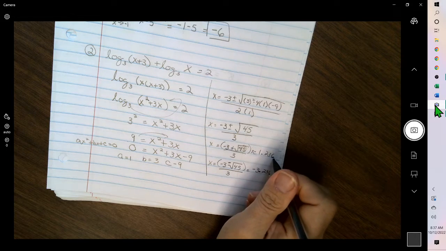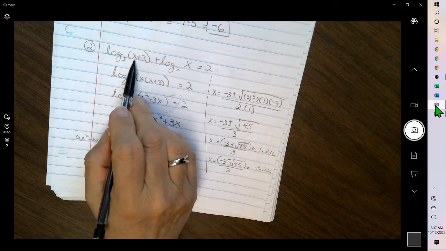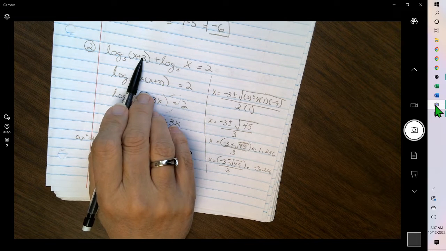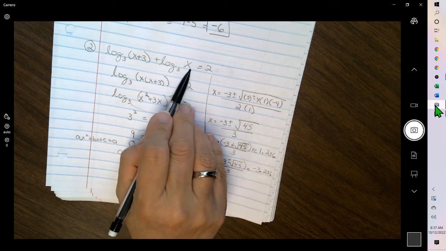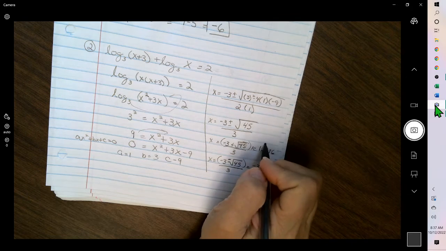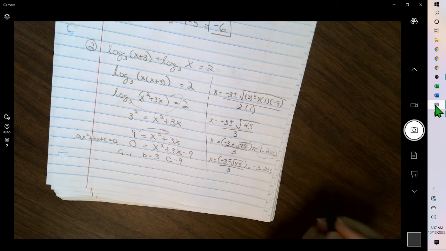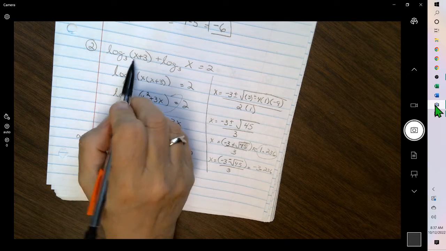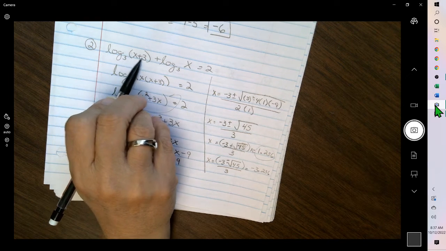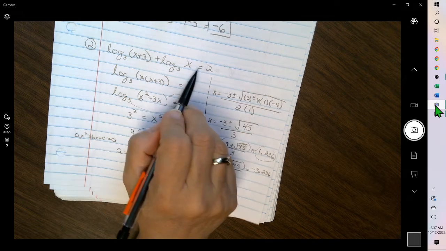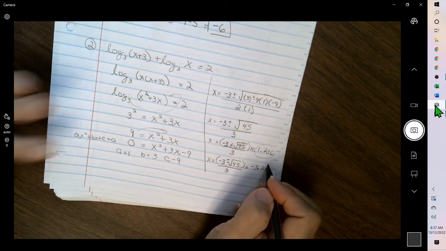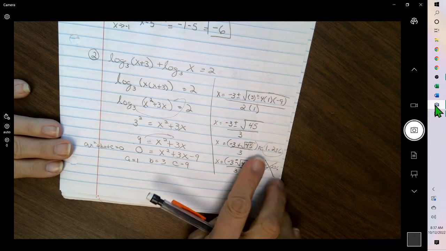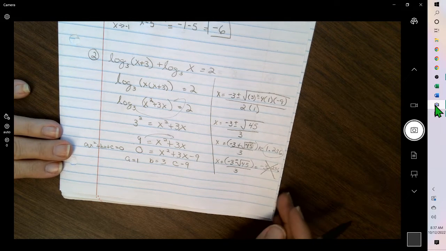So if I take 1.236 plus 3 is a positive number, 4.236. Plugging it in here, it's a positive, so this one's a good answer. When I plug the negative one in though, -3.236 plus 3, that's a negative. It's also negative here, so this one will not work. You cannot take the log of a negative number. And so it's just the positive one.